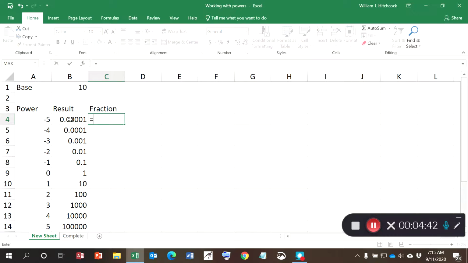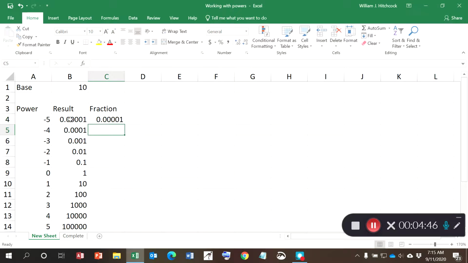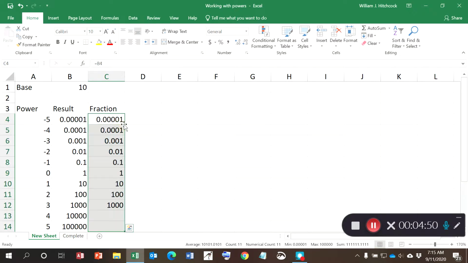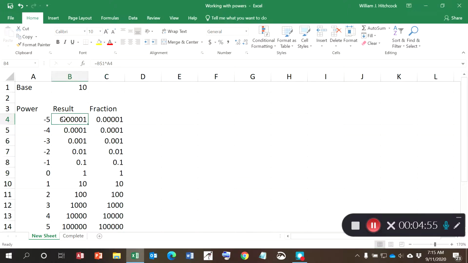So what I can do is I'm just going to reference the cell that's 1 to the left of it, cell B4, and I'm just going to copy this down. But right now these numbers are formatted using what's called a general format. If you look up here on the Home tab, in the number group, you can see it's just got general.